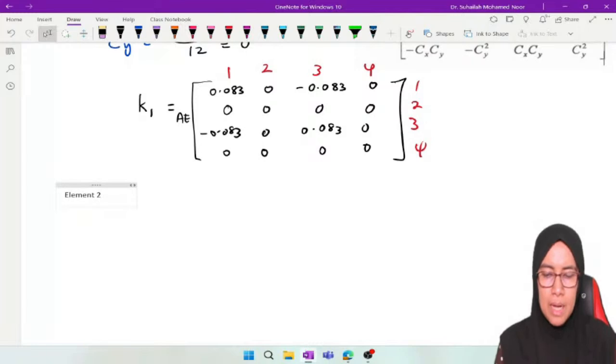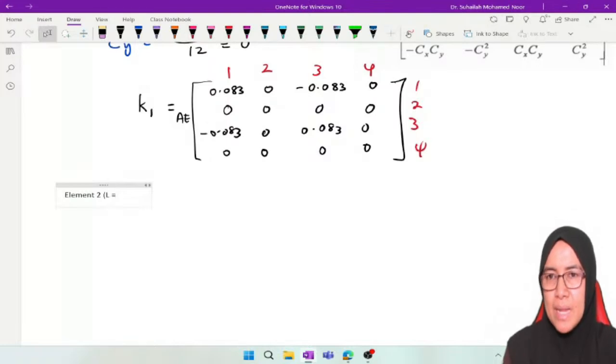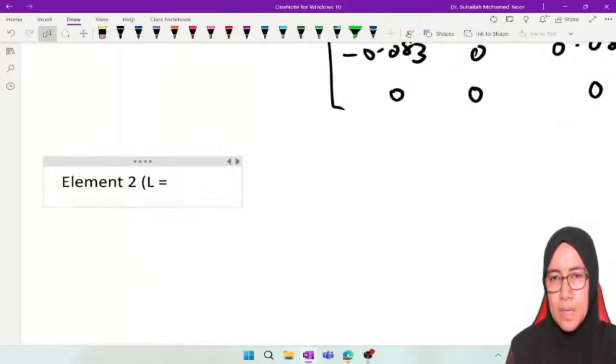What is the length for element 2? We have 5, we have 12. Using trigonometry, what is the length? What is the hypotenuse? Element number 2 is an inclined member.